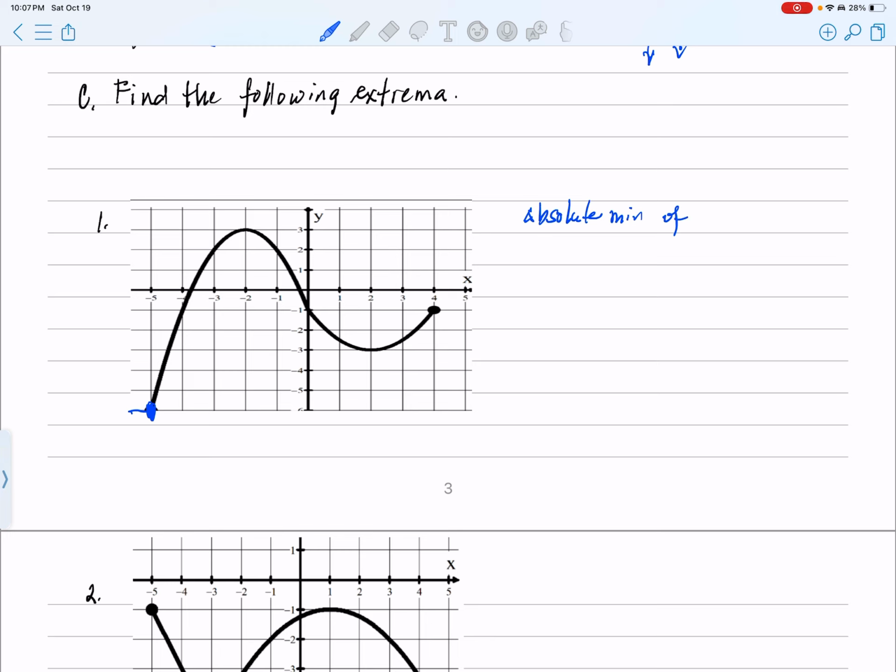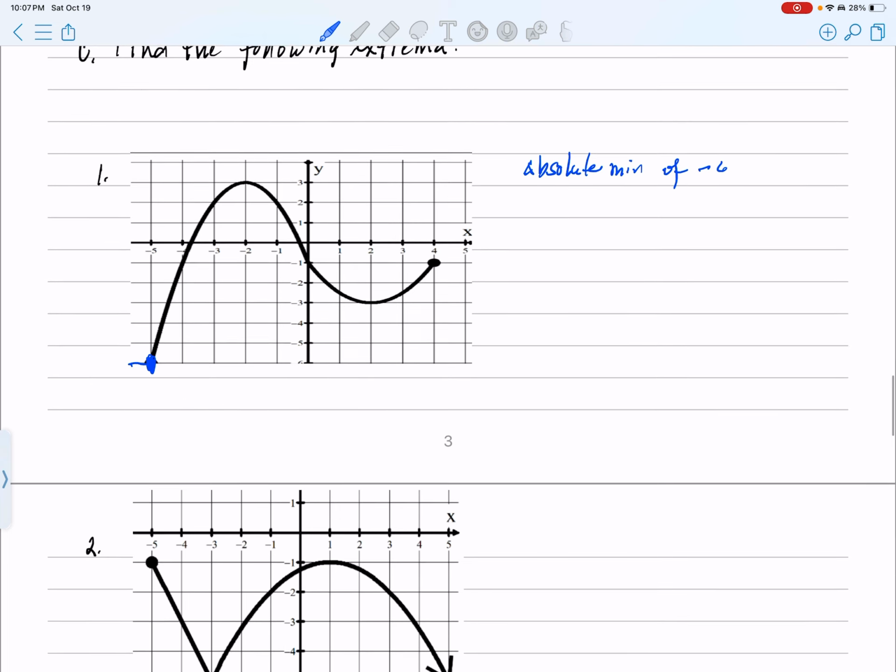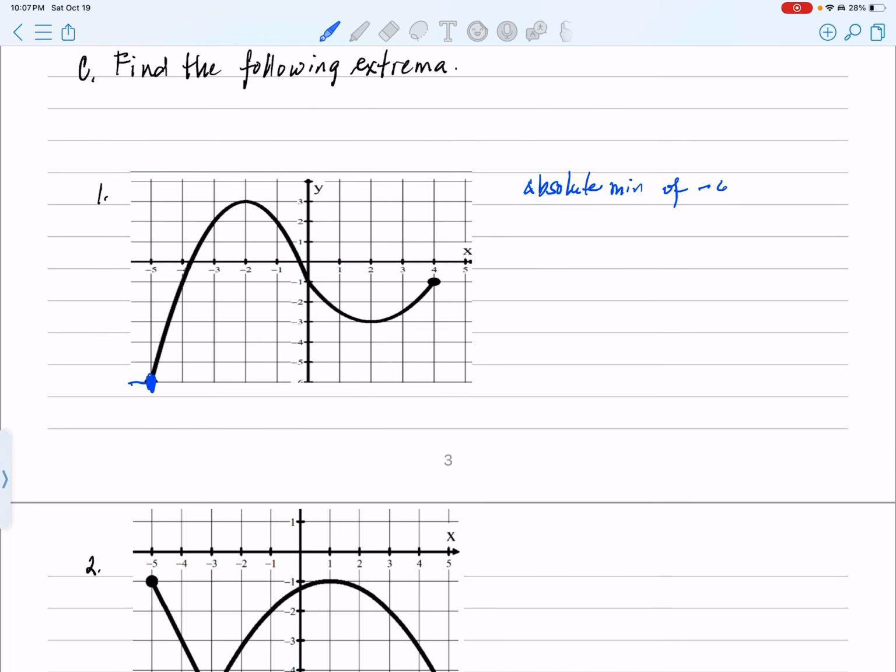Located at -6. 1, 2, 3, 4, 5. Okay, this is at -5. Oh, this is -6. Wait a minute. The y is at -6. Okay.